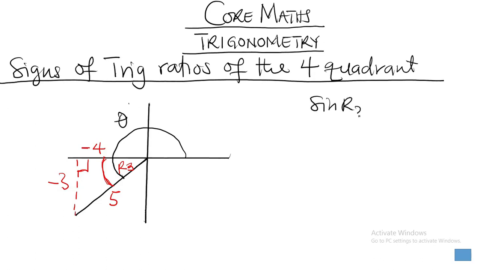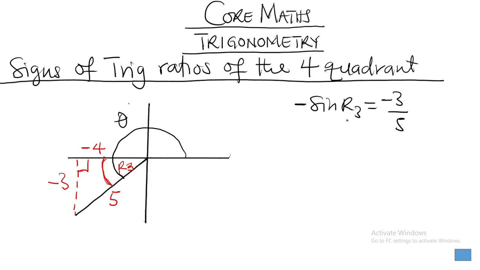Good. So now let's find the trig ratios of the reference angle. So sine R3, you know sine is opposite over hypotenuse. So the opposite is negative 3, the hypotenuse is 5. So we have negative 3 on 5. Now here also, there is no trig ratio of an acute angle that is negative. So this is rather the negative of sine R3, negative 3 on 5. So we have to attach negative here, because the sine of an acute angle is always positive.